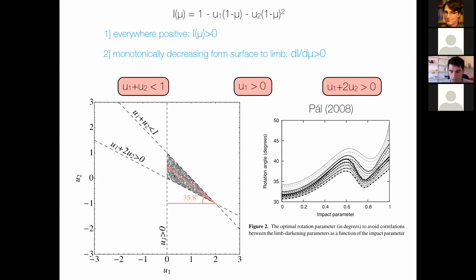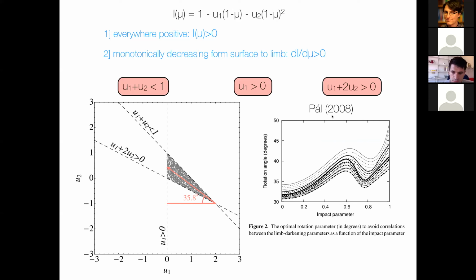I want to point out this angle. This angle is about 36 degrees along this dimension here, along the bisector of this triangle. There's an interesting paper from 2008 that Andras Pal wrote, and he talked about doing a principal component analysis. Actually, he did a Fisher analysis, I think, in the paper, but it's essentially an analytic way of doing a PCA, the objective of which is to try and find out what linear combination of my parameters is going to minimize the correlation between each of them.